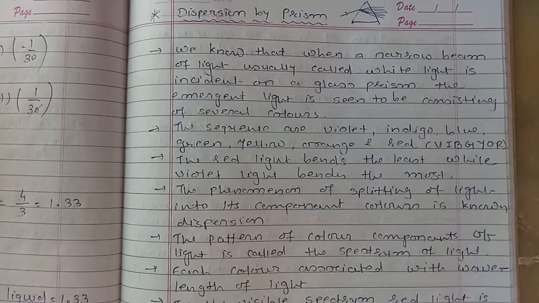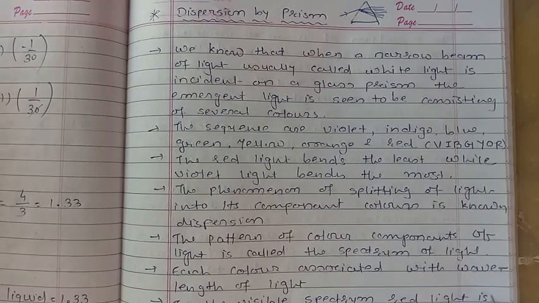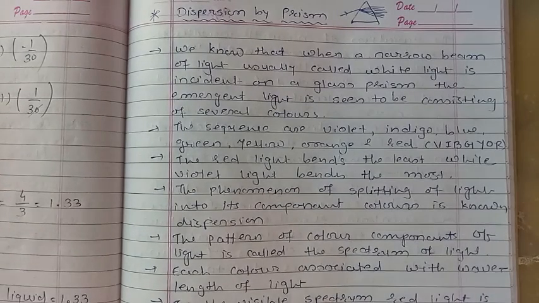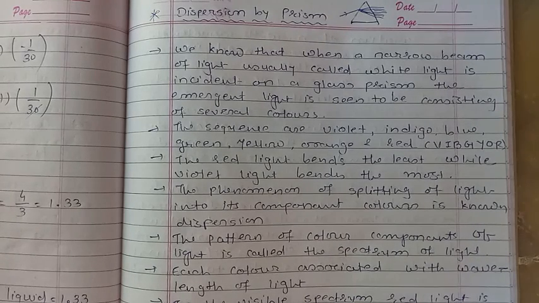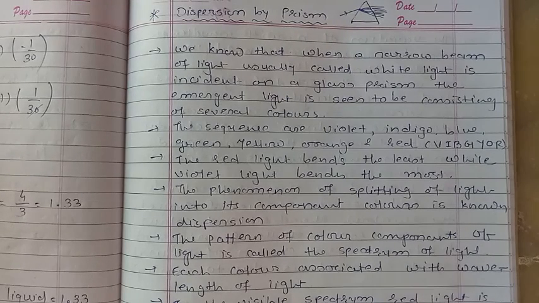Each color is associated with a wavelength of light. This is a very important sentence which will be asked in MCQs. In the visible spectrum, red light is at long wavelength. You have to remember the wavelength of red light is 700 nanometer, and the violet light has a short wavelength of 400 nanometer.